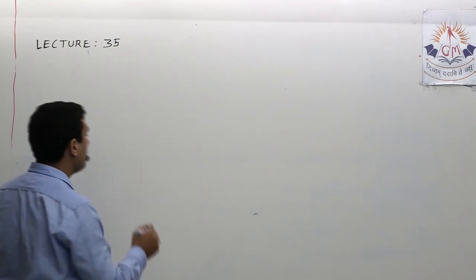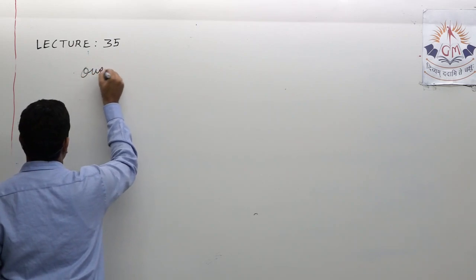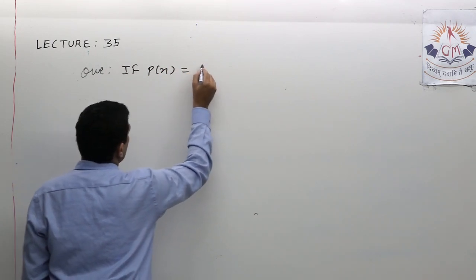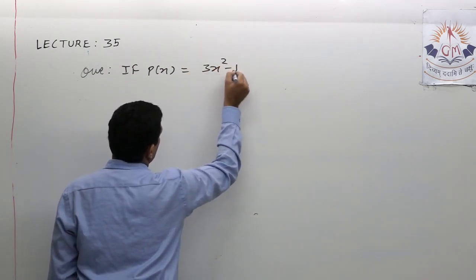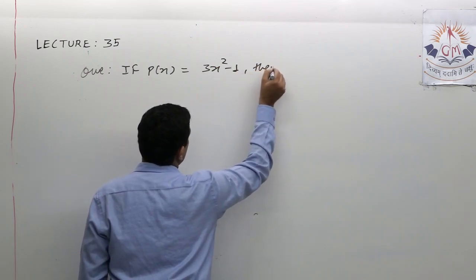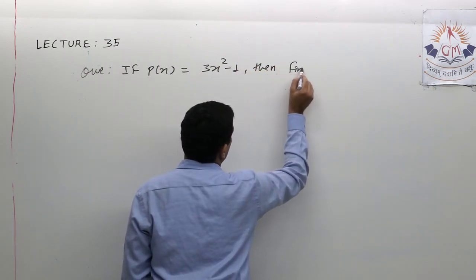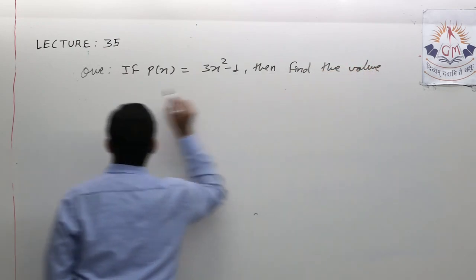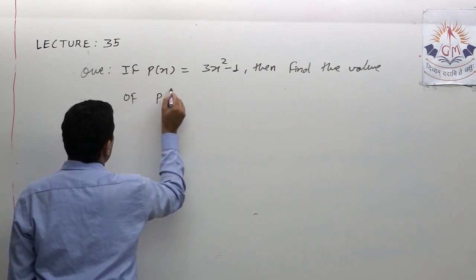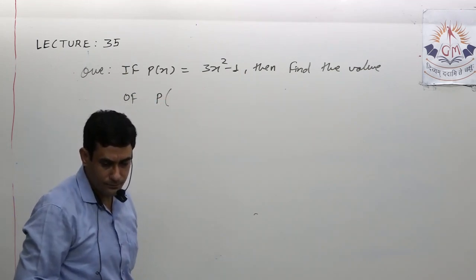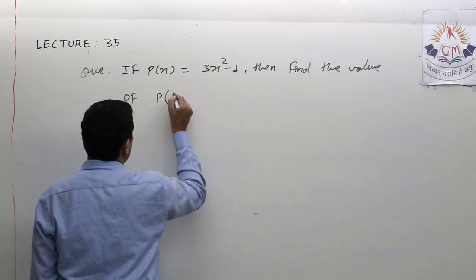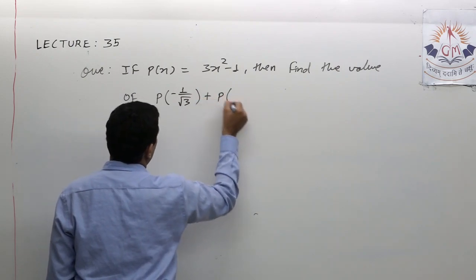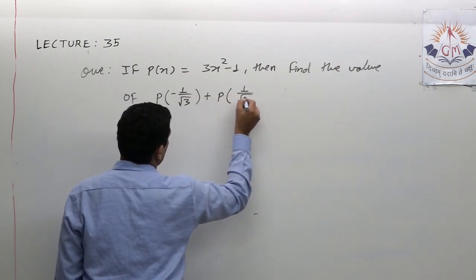Next question is, if p of x is equal to 3x square minus 1, then find the value of p of root 3, p of minus 1 upon root 3, plus p of 1 upon root 3.